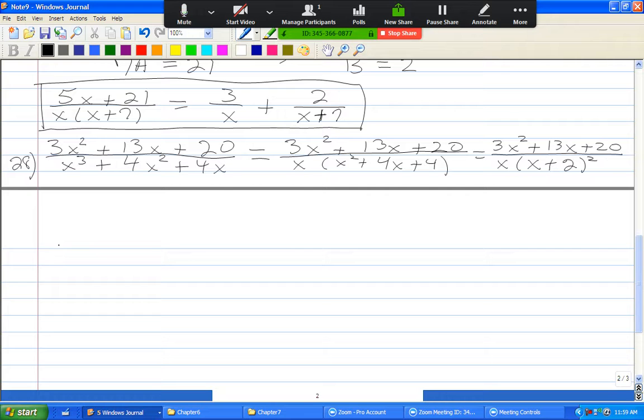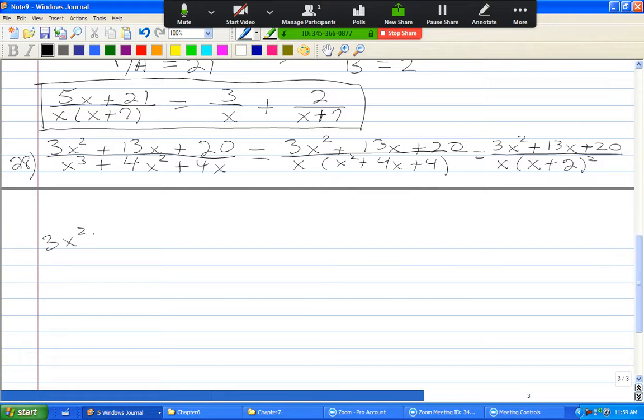And so now I get 3x squared plus 13x plus 20 all over x times x plus 2 quantity squared. I should be able to write it as something involving x, something involving x plus 2. So notice I'll just write it just like before. If I have factors, I can just write it as these factors.